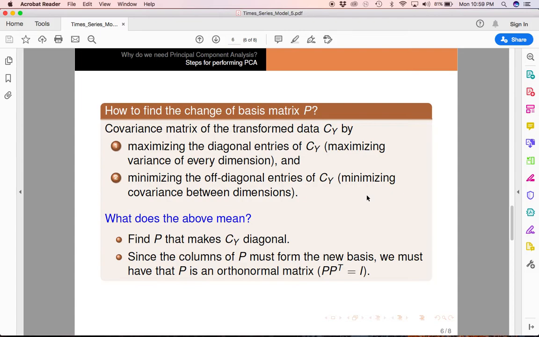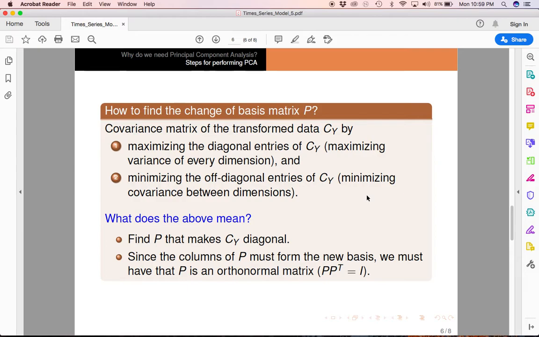Remember what we are shooting for. We are shooting for the covariance matrix of the transformed data space, CY, which is such that it maximizes the diagonal entries of CY, so that it gives us the most amount of information, and it minimizes the off-diagonal entries, so that it looks as diagonal as possible. So what does all that mean?